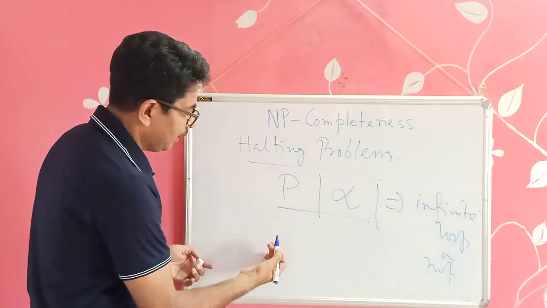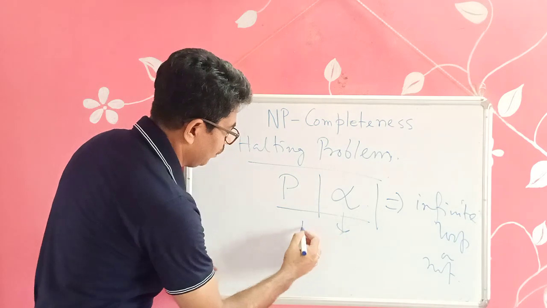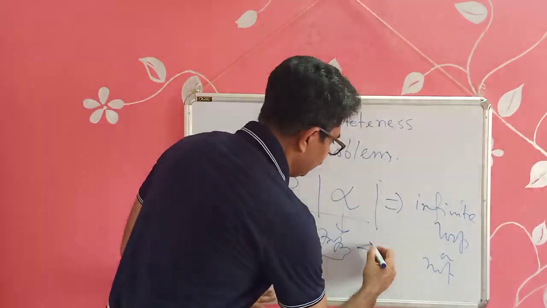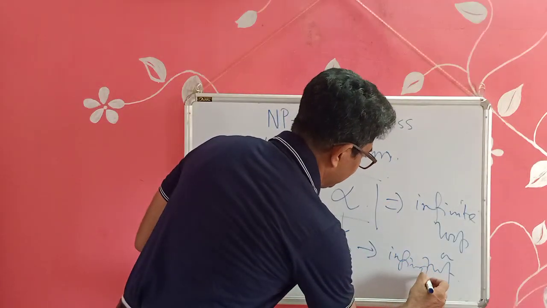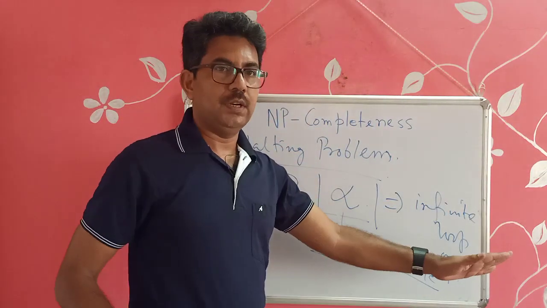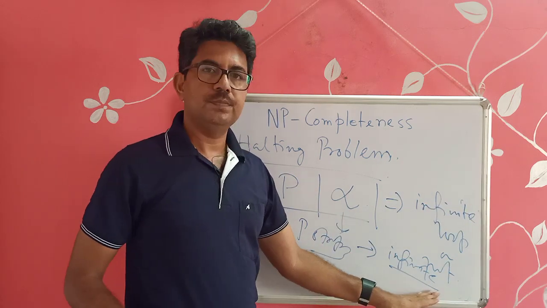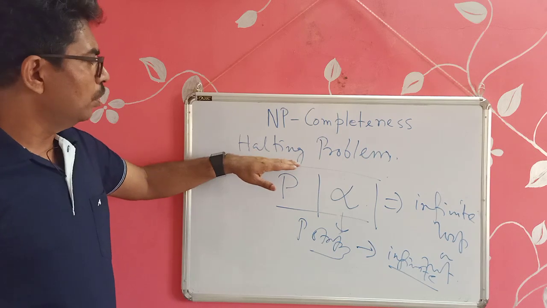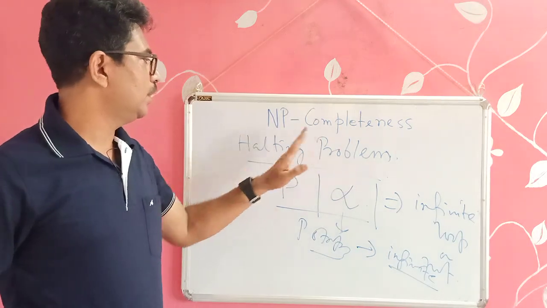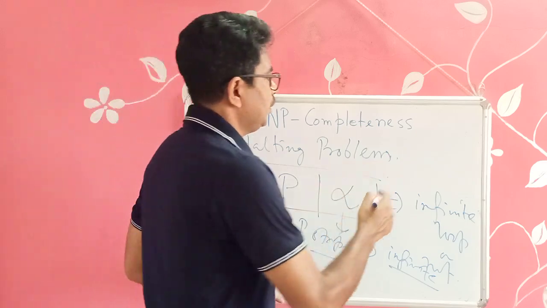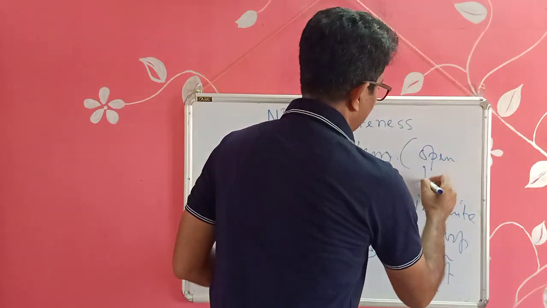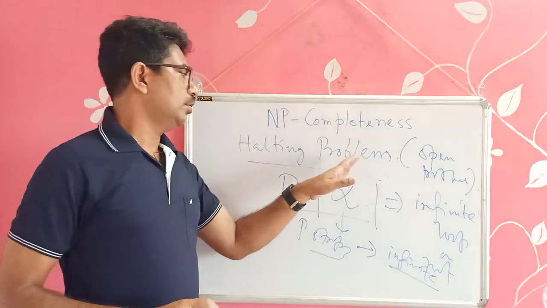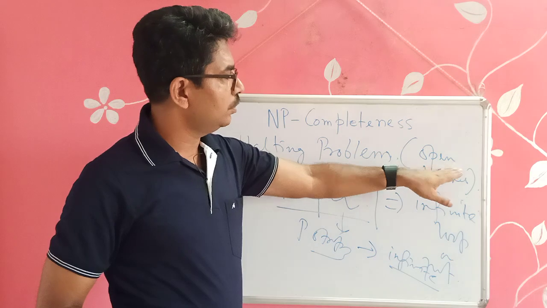Because if at a particular time for this alpha P stops, okay, but if it goes into infinite execution, then we cannot say that after some time it may not stop. So till now there is no algorithm to solve the halting problem, and this type of problem is known as an open problem.